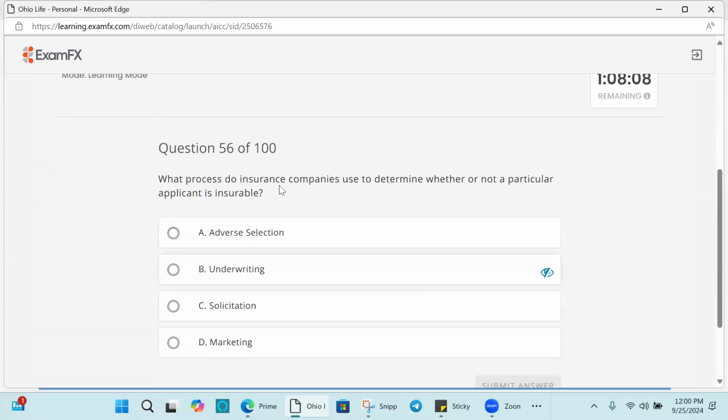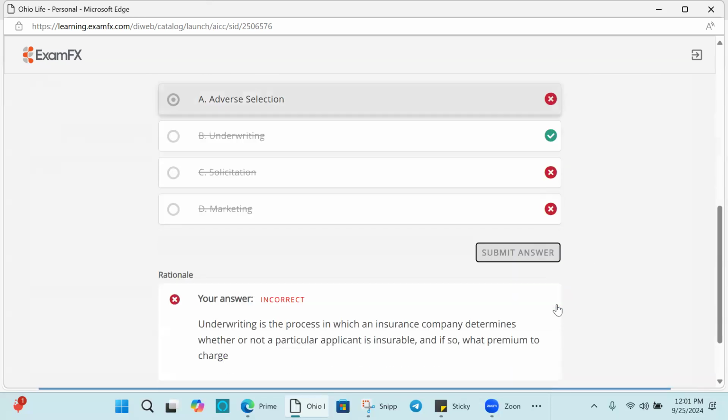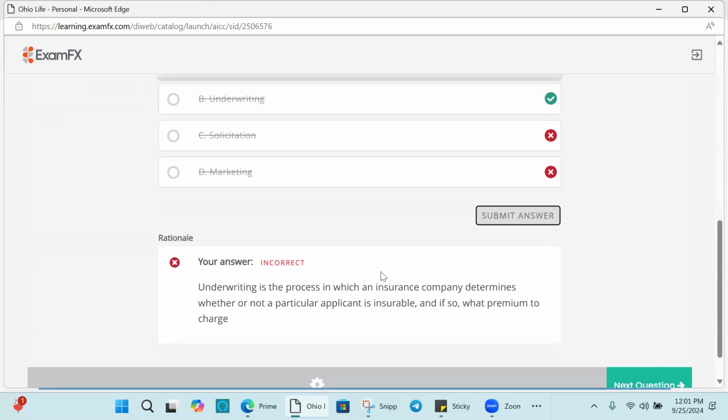What process do insurance companies use to determine whether a particular applicant is insurable, to prevent adverse selection? It can be marketing, solicitation, or underwriting. It was underwriting: the process in which the insurance company determines whether or not a particular applicant is insurable and, if so, at what premium.